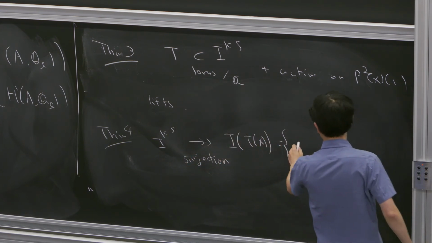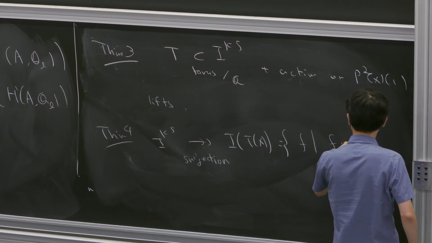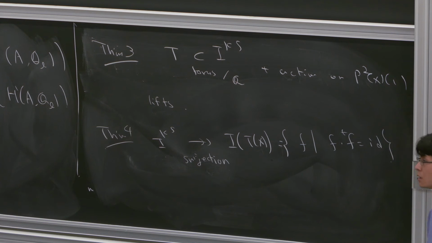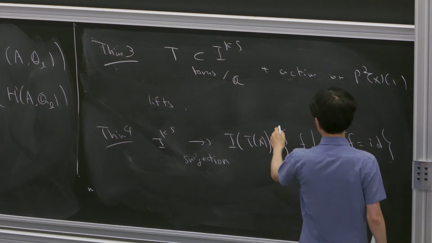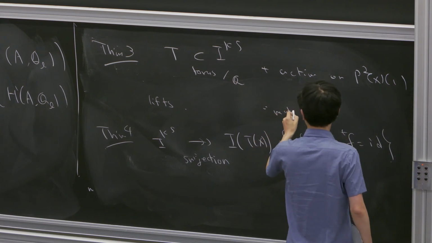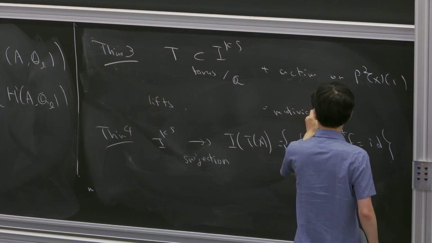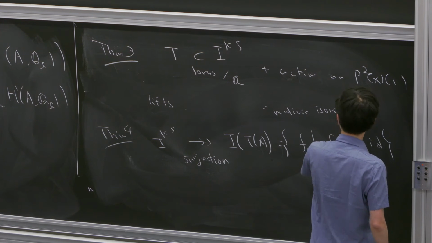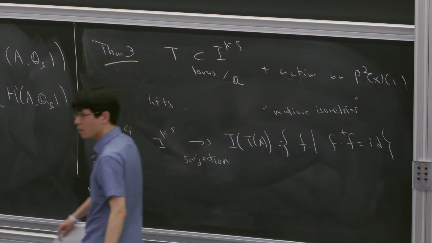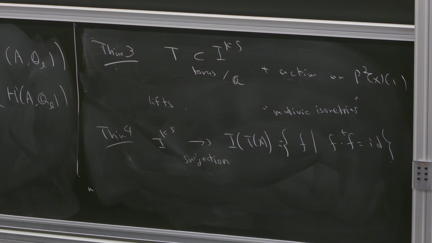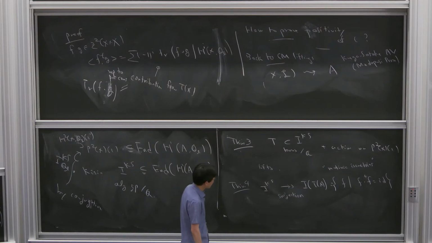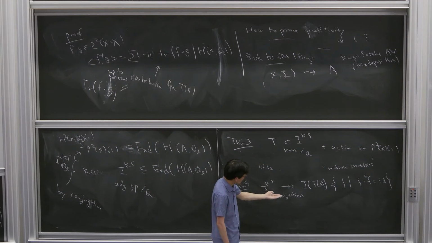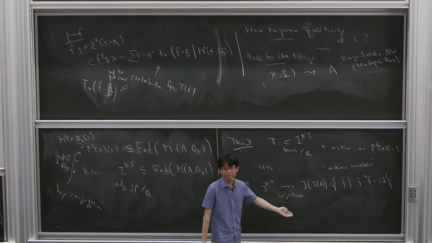Namely, this is defined by this equation. So this is like sort of motivic isometries. And yeah, the construction of the map itself is non-trivial, and we can further prove this is surjective.